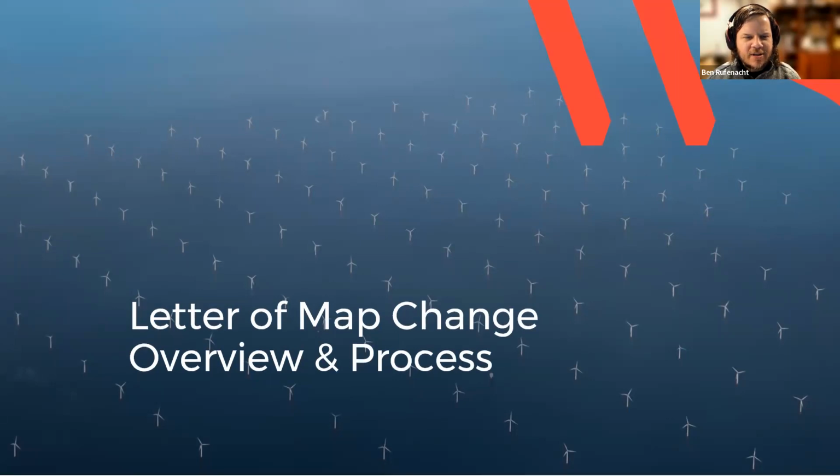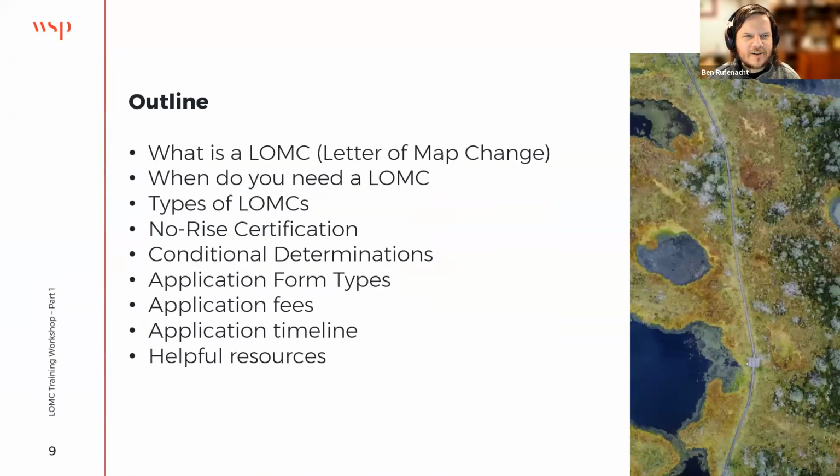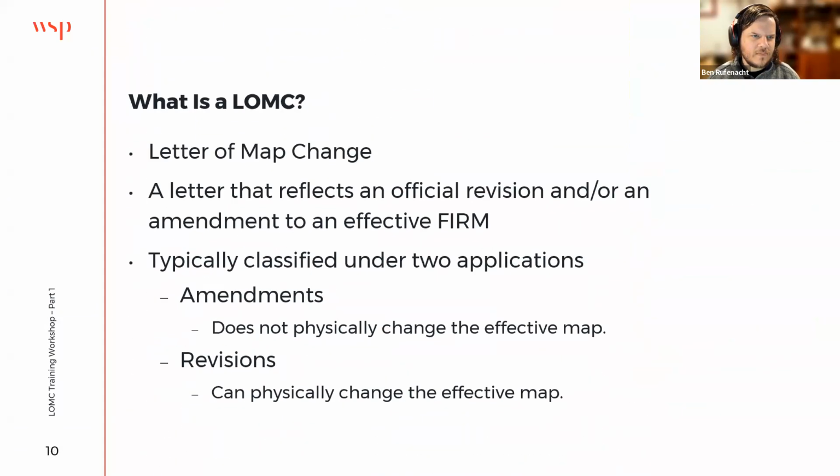So we'll go over the different types of letter of map change now, and when you would use each one. So what is a letter of map change in general? This is a letter that reflects an official revision or amendment to an effective flood insurance rate map.